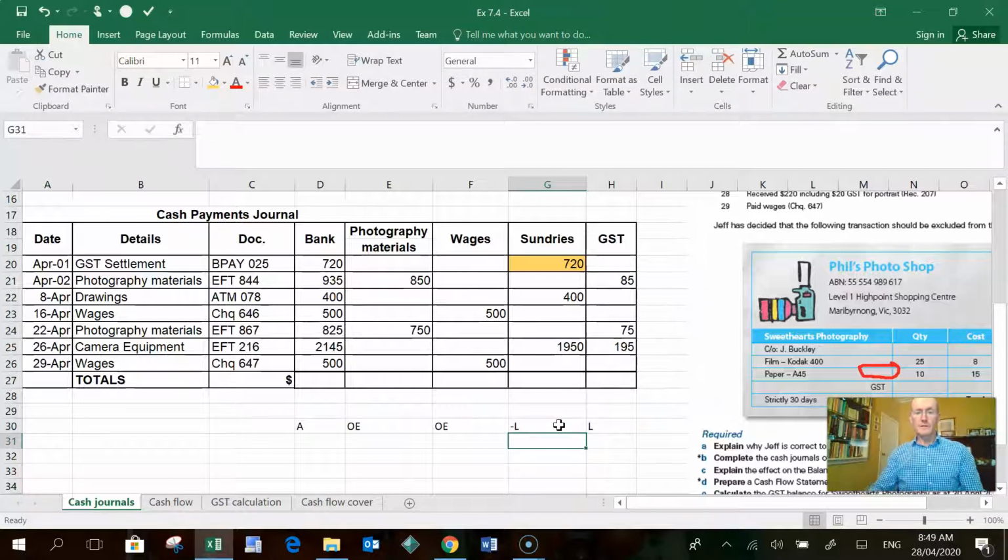The drawings is going to decrease owner's equity. And the 1950 is going to increase assets. Right, so these are all going to be decreases, and that's going to be an increase. So the A there will be a decrease to your assets, and these will be a decrease to owner's equity.